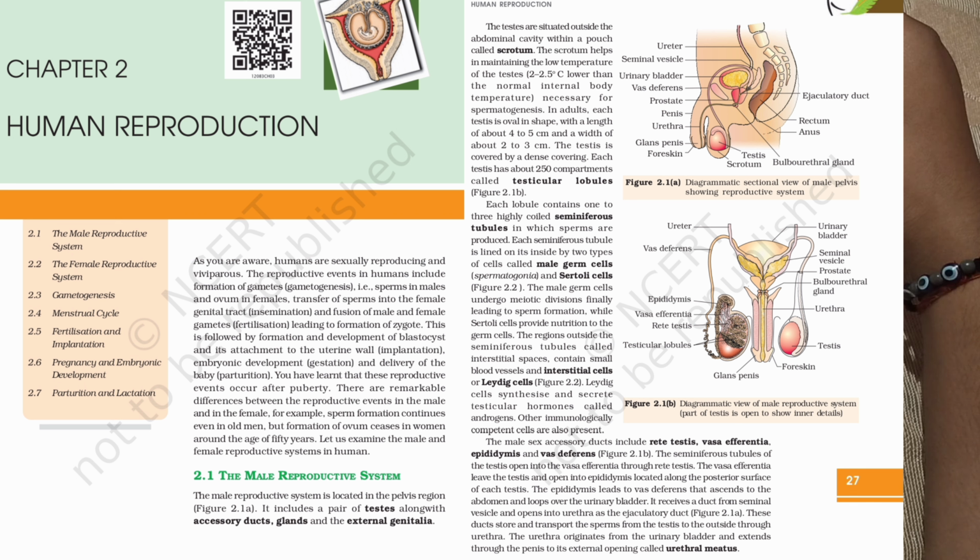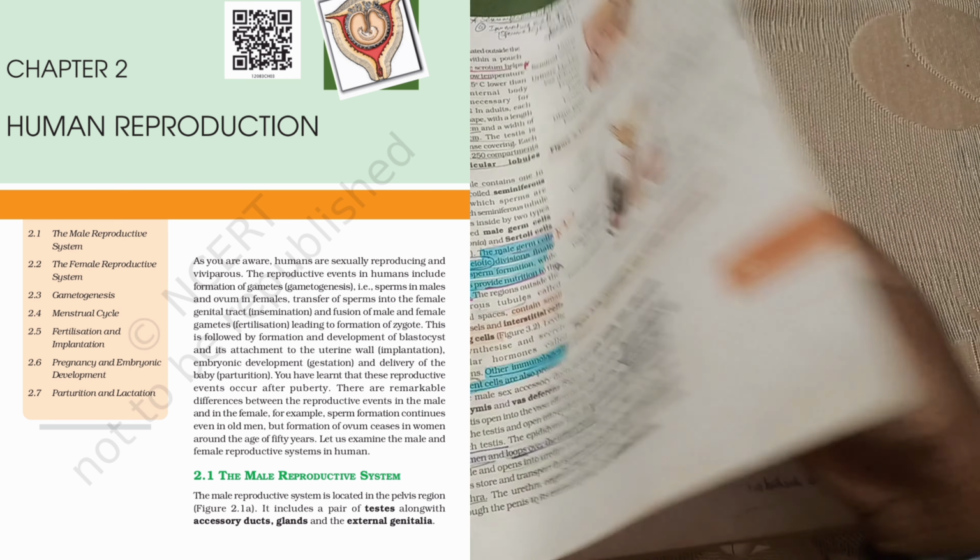It receives a duct from seminal vesicles and opens into urethra as the ejaculatory duct. These ducts store and transport the sperms from the testis to the outside through urethra. The urethra originates from the urinary bladder and extends through the penis to its external opening called urethral meatus.